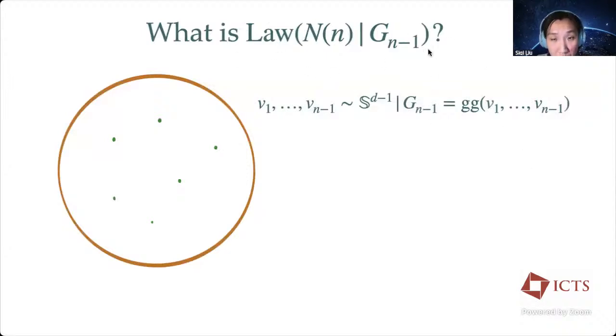To generate this distribution, we are first given a geometric graph G_{n minus 1}, just a graph. And what we're going to do is a rejection sampling of points v_1 through v_{n minus 1} on the unit sphere, conditioned on the fact that their geometric graph is exactly equal to this graph G_{n minus 1}.